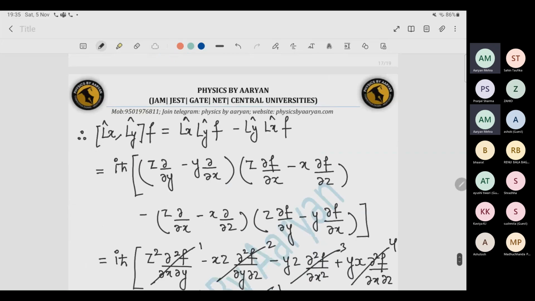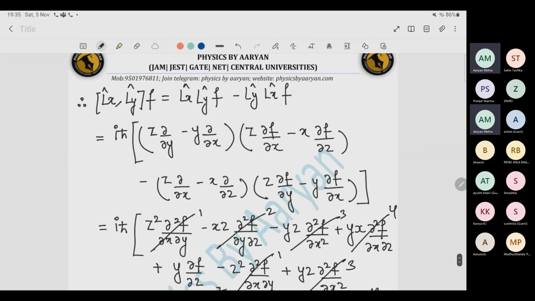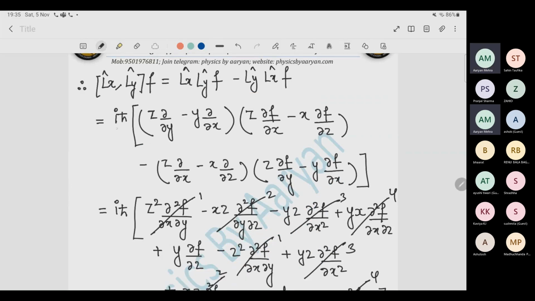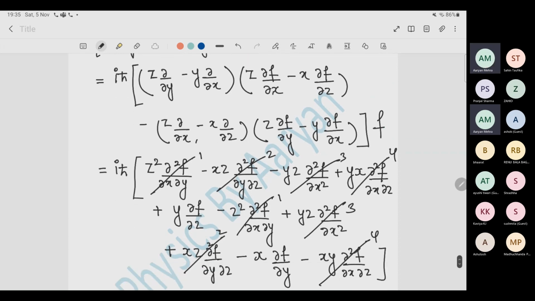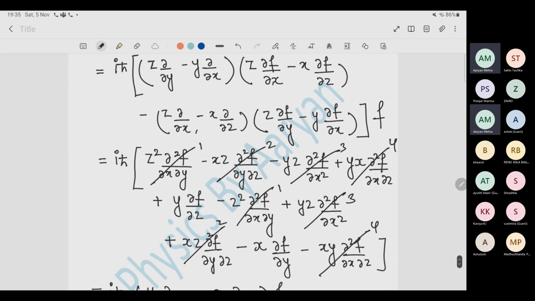Okay, so now let's put it back to what we wanted to find. We put in all the operators. Iota h cut I have taken common, and then the Lx, Ly operators are operating on some function f. Now you just do the mathematics. How you do the mathematics is very important.